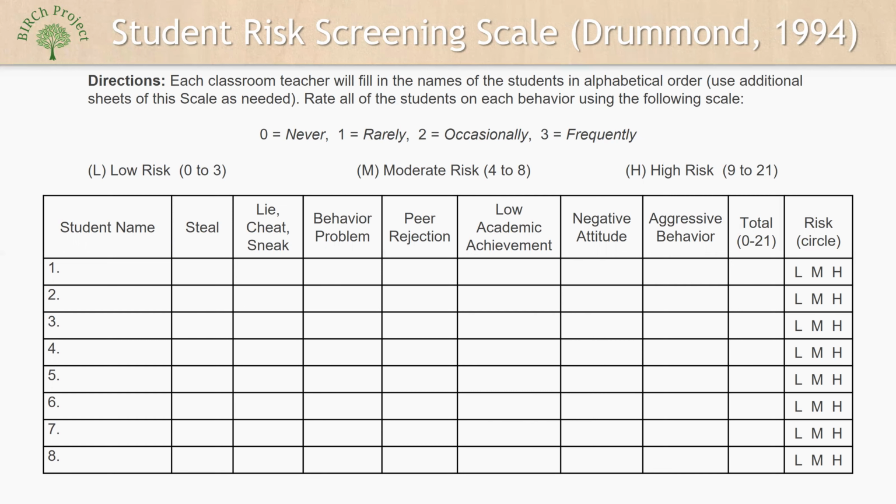So it still involves individual ratings, but it's done in a more efficient way in which I can rate all of the students quickly without using a separate form for each student. So again, it's not just the screening tool and its technical adequacy, it's also how usable it is. This particular method tends to be more feasible because it can be done with less time.